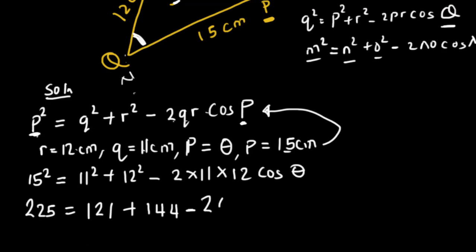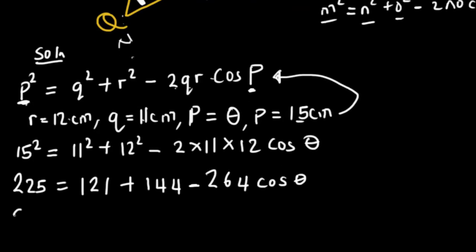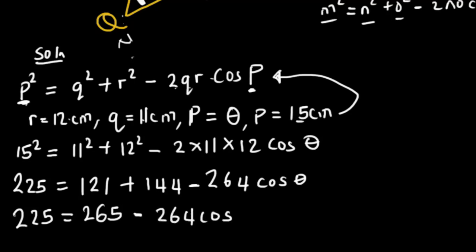So we have 264 cos theta. Do you understand this? So it then means we'll be having 225 equals 121 plus 144. 1 plus 4 is 5, 2 plus 4 is 6, 1 plus 1 is 2. So we have 265 minus 264 cos theta. Do you understand this to this stage?